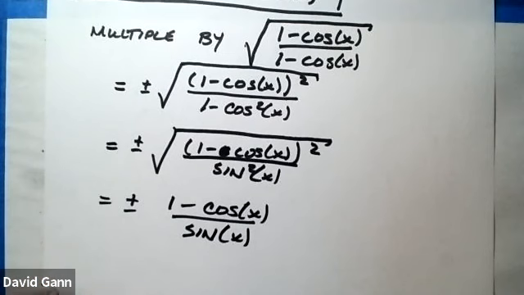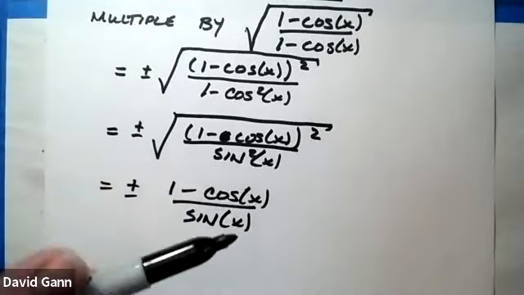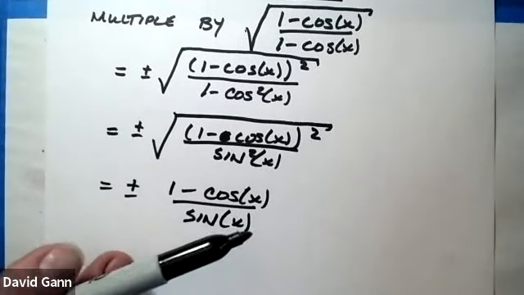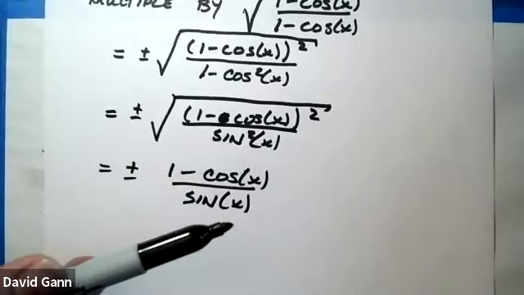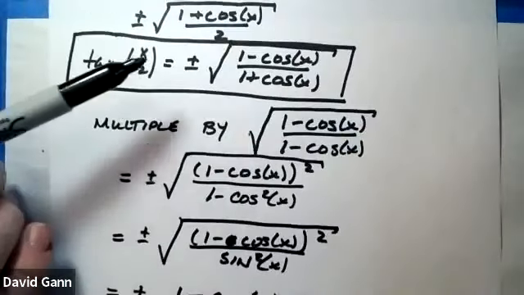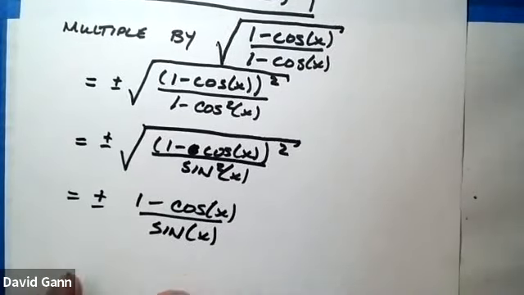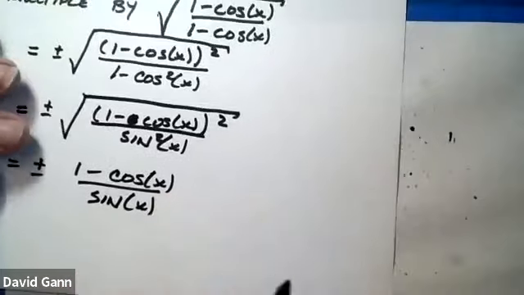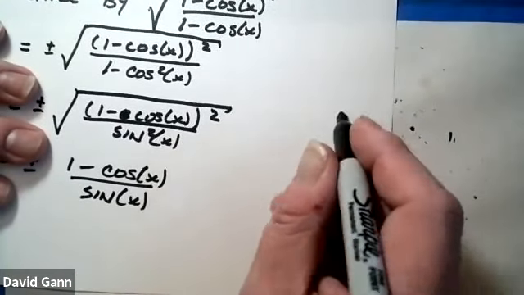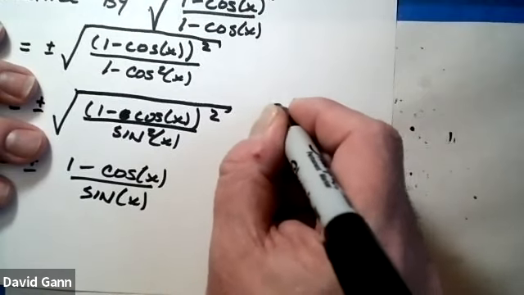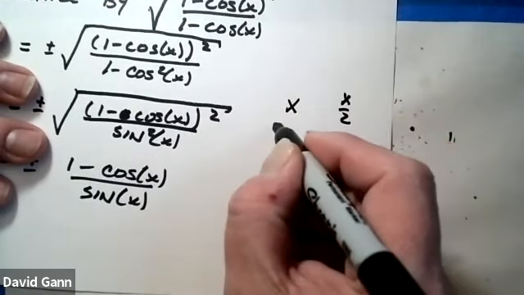But this is typically what is done, to say, okay, well, let's look at if x is in the first quadrant, what is x over 2? And if x is in the second quadrant, then where's x over 2? So I'm going to go ahead and maybe do this over to the side.